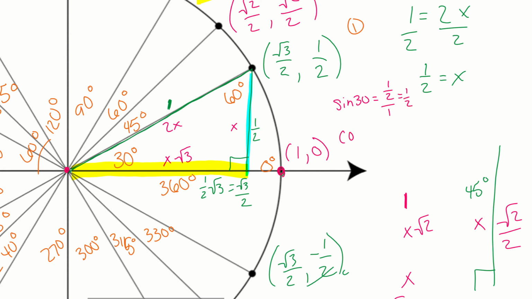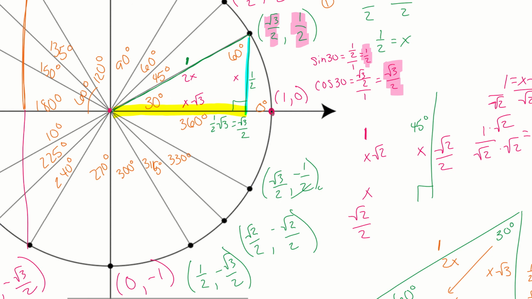Okay. And then let's talk about cosine of 30. We have square root of 3 over 2 all over 1, which once again just leaves us with the square root of 3 over 2. Now these two values that it leaves me with, 1/2 and root 3 over 2, are my coordinate points, right? So this is how it's always going to work here.